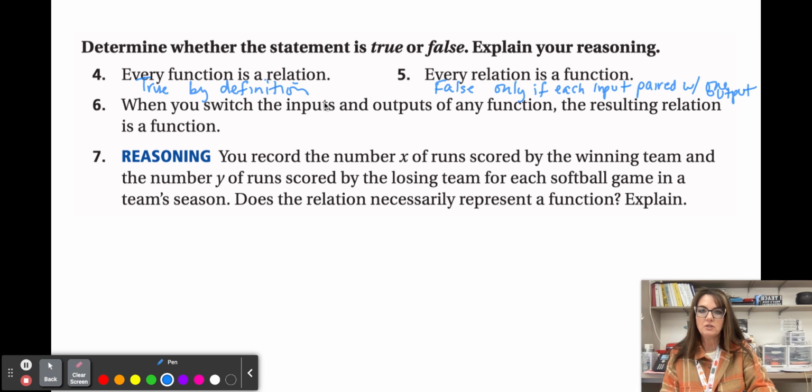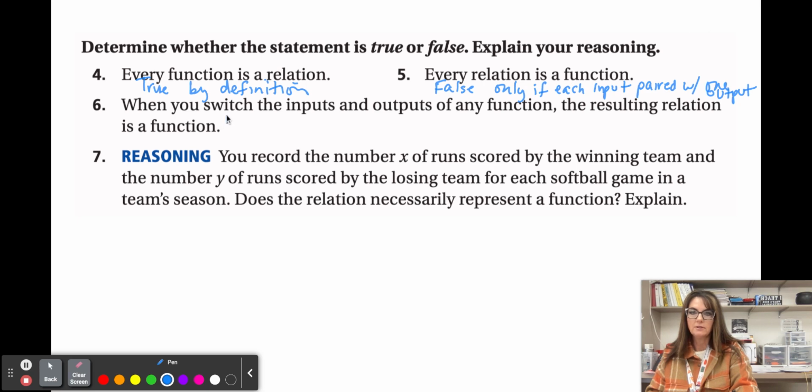Okay, when you switch the inputs and outputs of any function, the resulting relation is a function. Now, this is going to be false, right? What if you have a function where 2 inputs have the same output? We could have that.